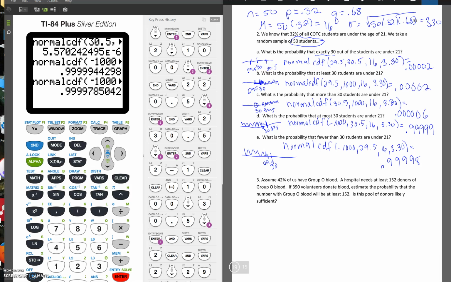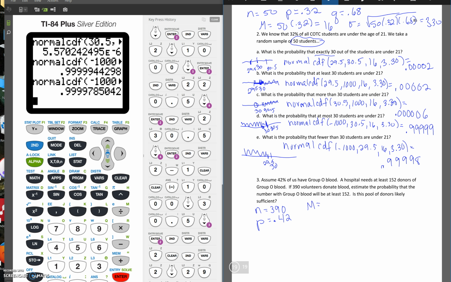Okay, this last problem says, assume that 42% of us have group O blood. A hospital needs at least 152 donors of group O blood. If 390 volunteers donate blood, estimate the probability that the number with group O blood will be at least 152. Is this pool of donors likely significant? Okay, so our n here, how many donors we have, is 390, and our probability of having group O blood is 0.42.